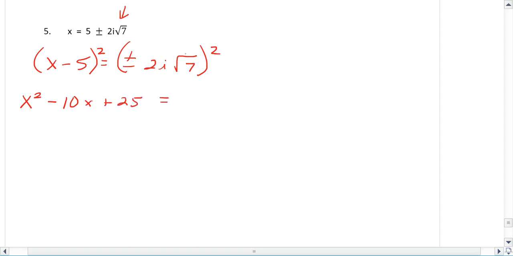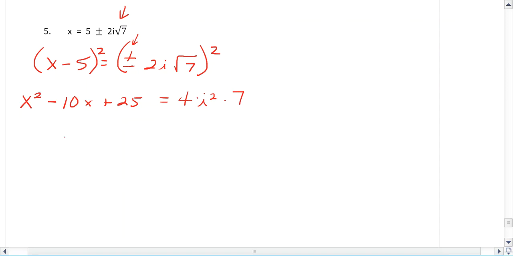And now when we square this left side, the right side, we need to square every single piece. So I don't know if you want to think about squaring the plus and minus sign is really nothing. A positive times a positive is positive, and negative times negative is positive, so this just becomes a plus sign. 2 squared is 4, i squared is just i squared, and square root 7 squared is 7.